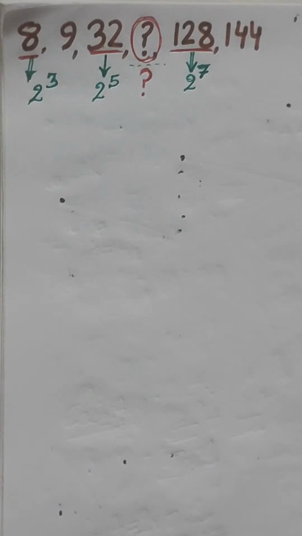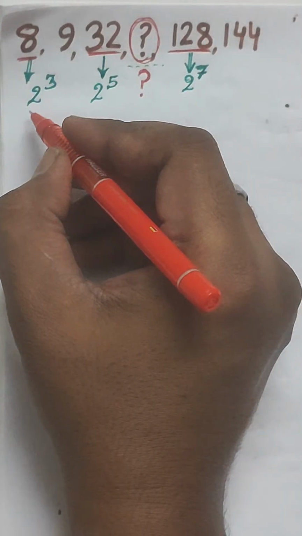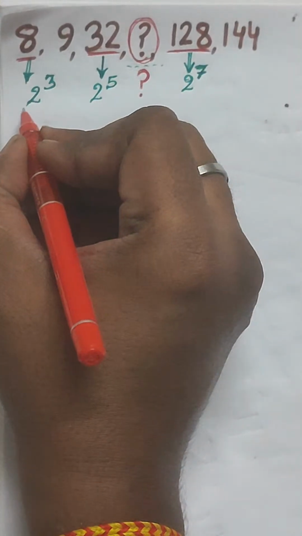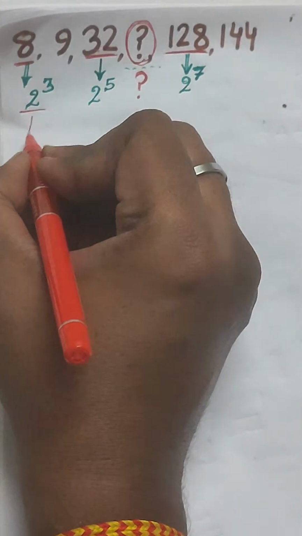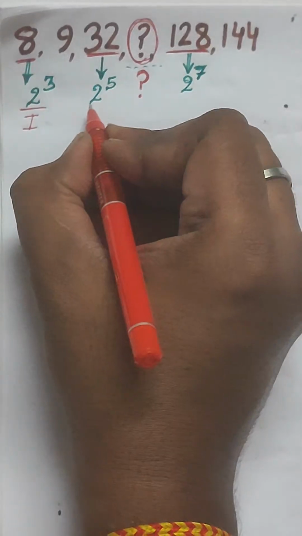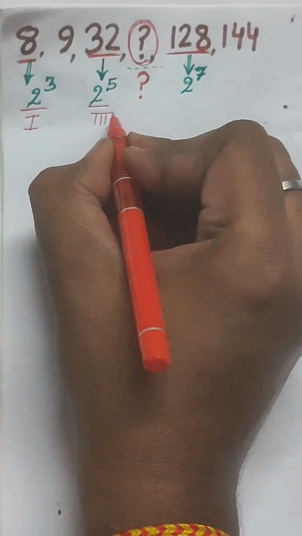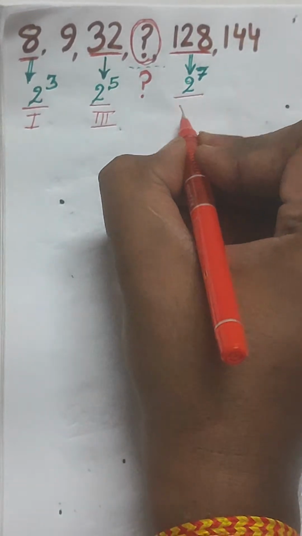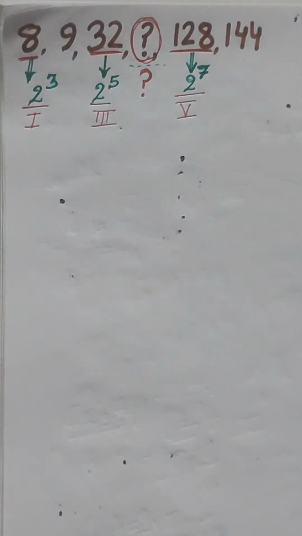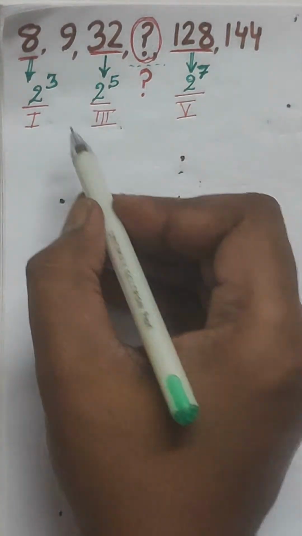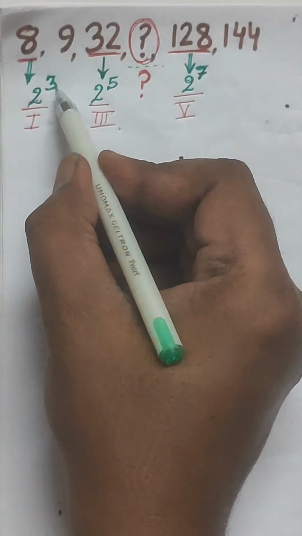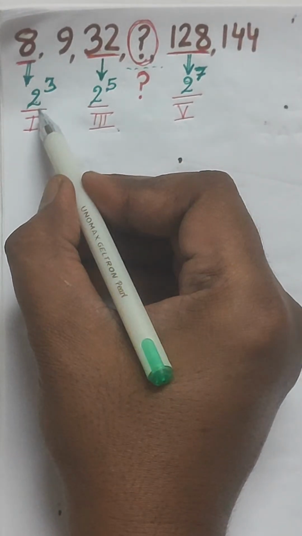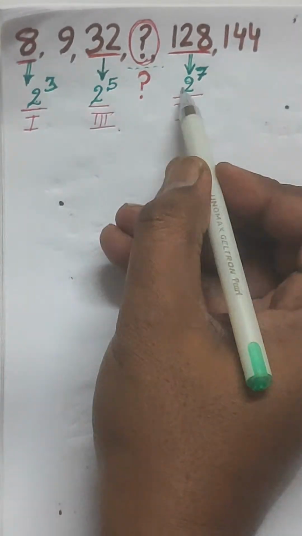So here we have a correlation: in the odd positions, that is the first, the third and the fifth, a sequence is followed, that is 2 power an odd number: 2 power 3, 2 power 5, 2 power 7.